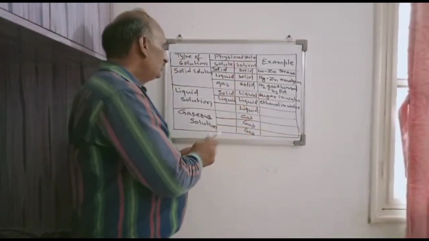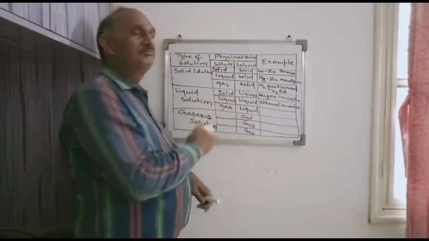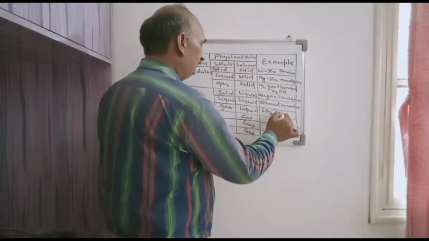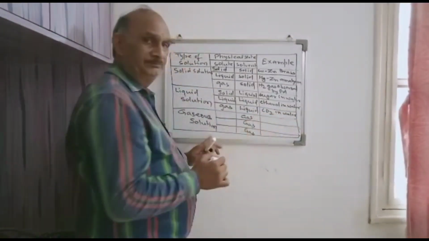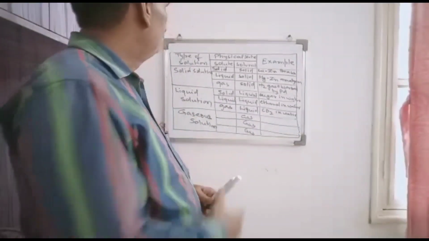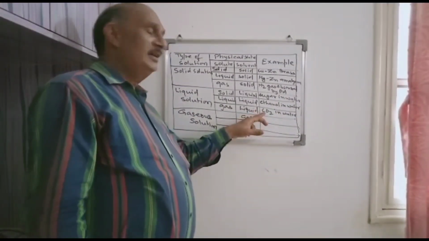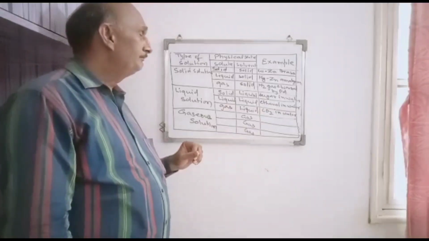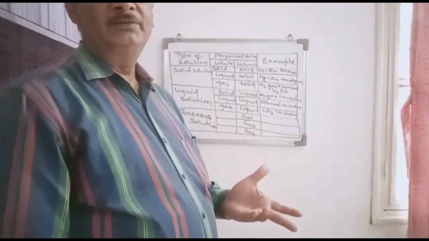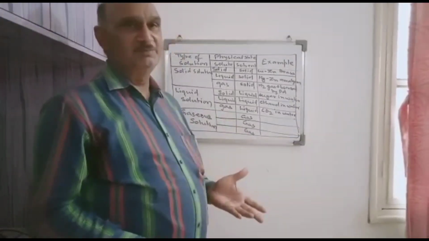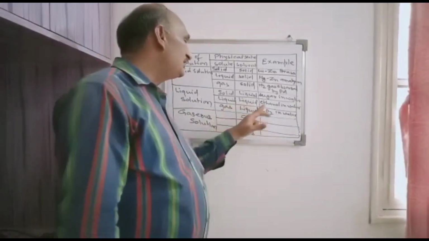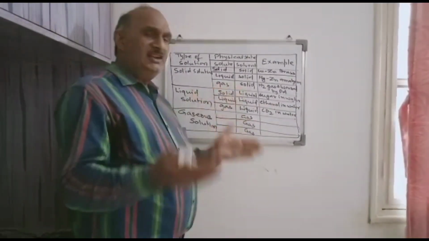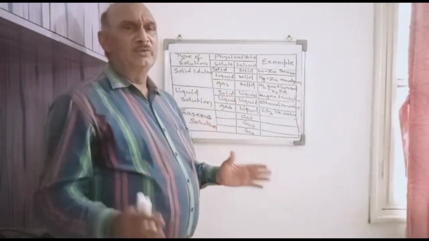Solvent is liquid, solute is gas: carbon dioxide in water, which is called carbonated water, or soda water. Both are the same thing. Where carbon dioxide gas is dissolved in water, we get carbonated water. These three examples are very common in our day-to-day life.